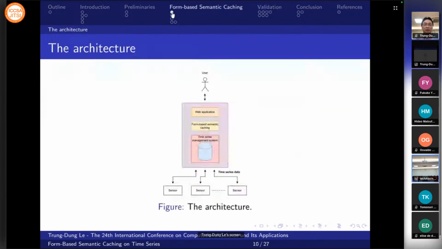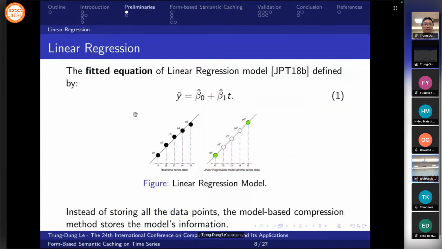Sensor data cannot change too fast, so the linear regression we use can reduce the number of data points in the in-memory database. In this figure, you can see that we have 5 data points.